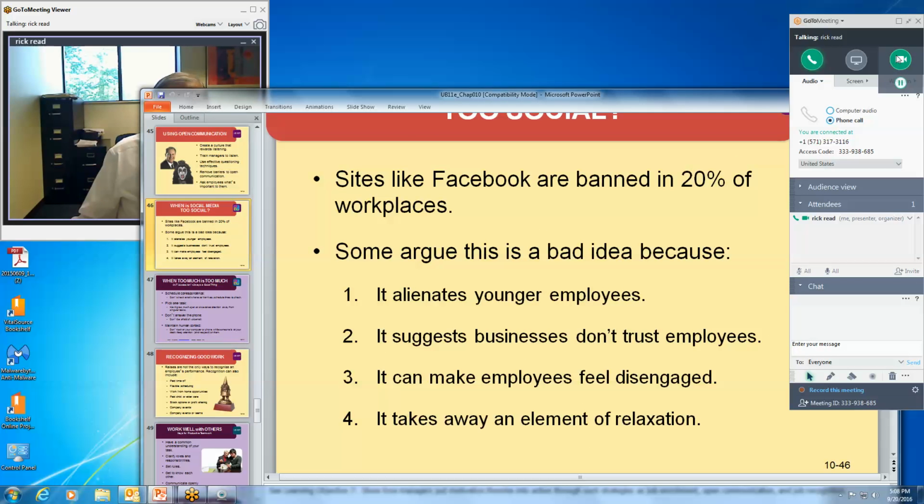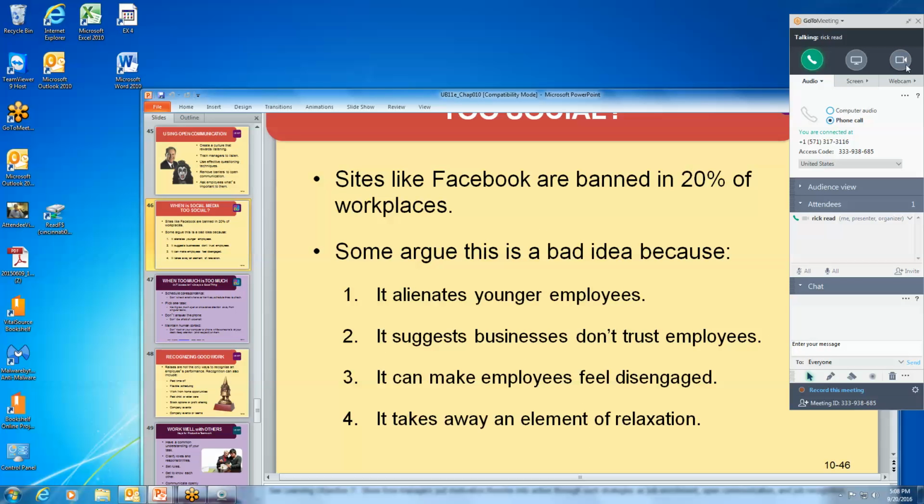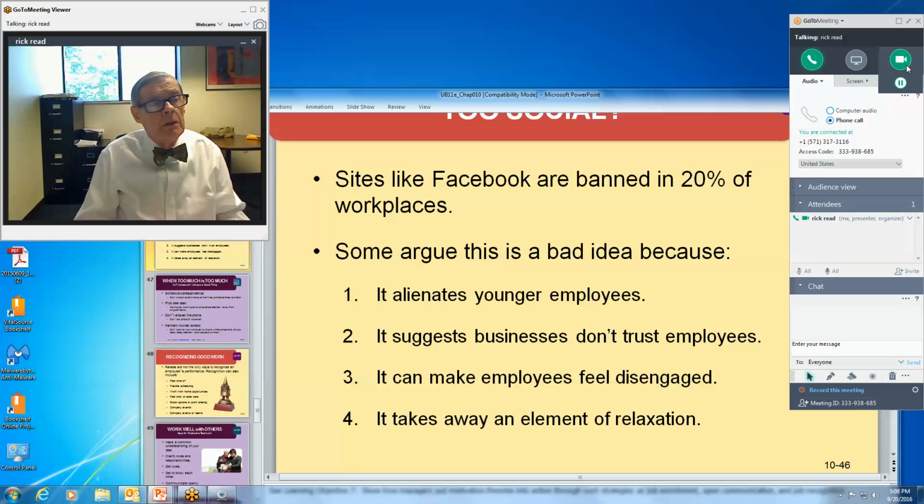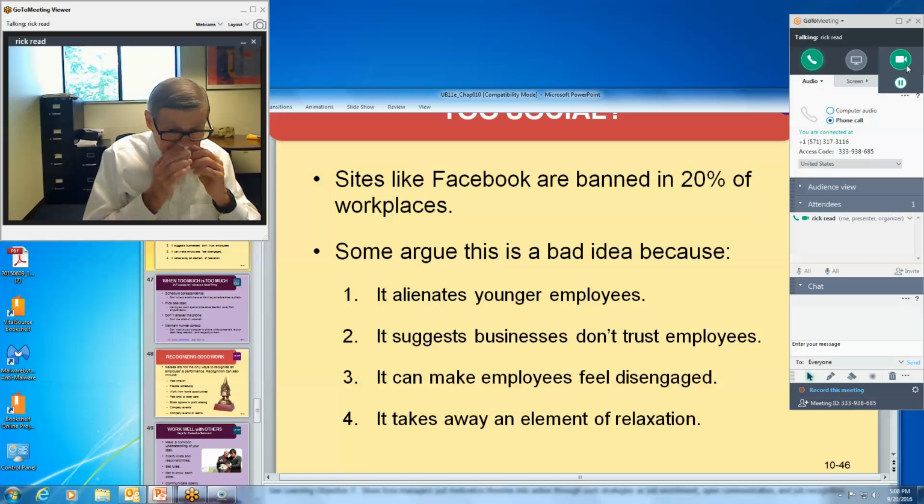What I say to you is this, with communication, be careful in using social media. Many companies have policies against social media or what you can do and say on social media. A lot of people say, wait a minute, that's an infringement on my freedom, my right to free speech.